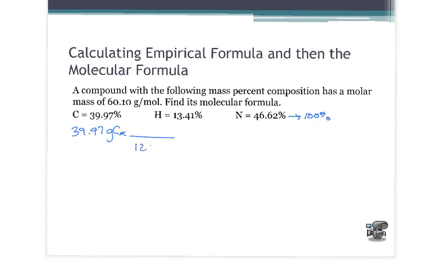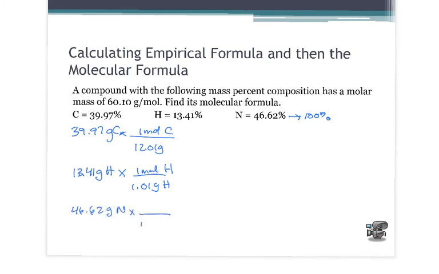And then we have 13.41 grams of hydrogen. There's 1.01 grams of hydrogen for every 1 mole. And here we have 46.62 grams of nitrogen.